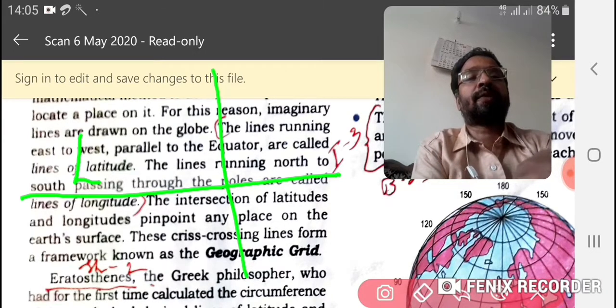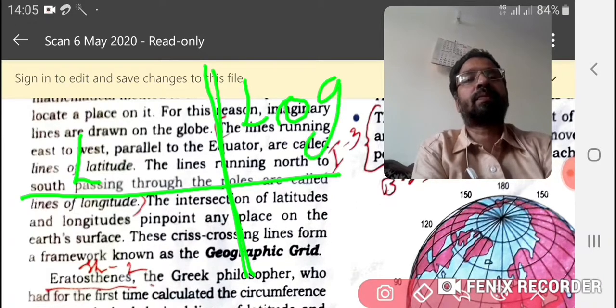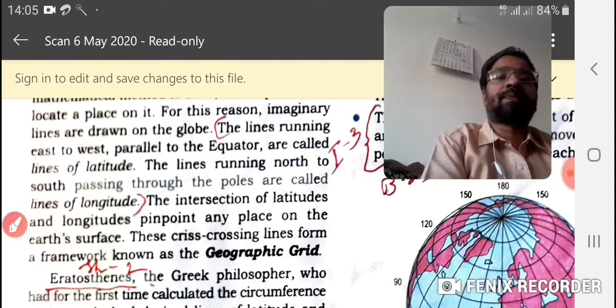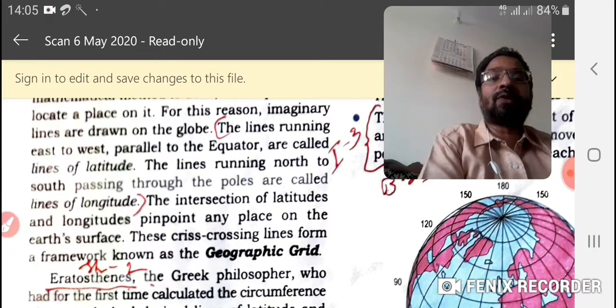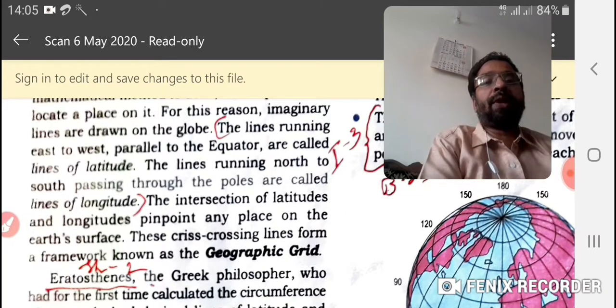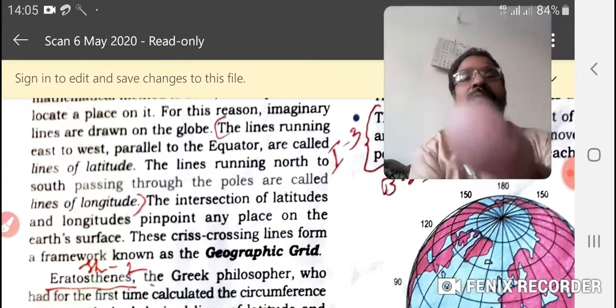The line running from north to south is longitude. At the intersection of longitude and latitudes, we can pinpoint any place on the Earth's surface.